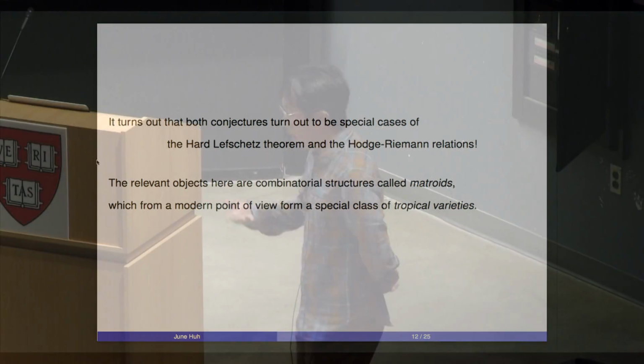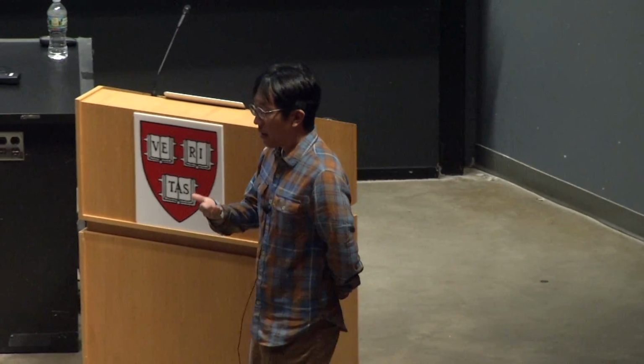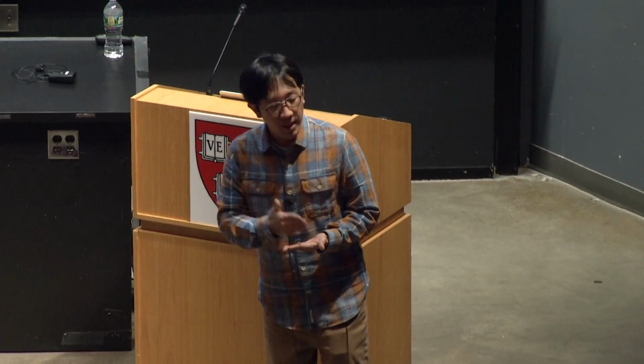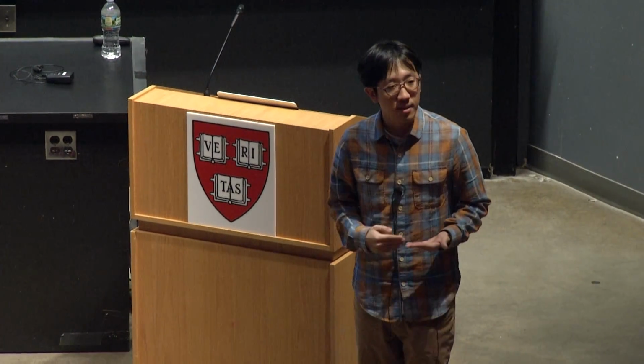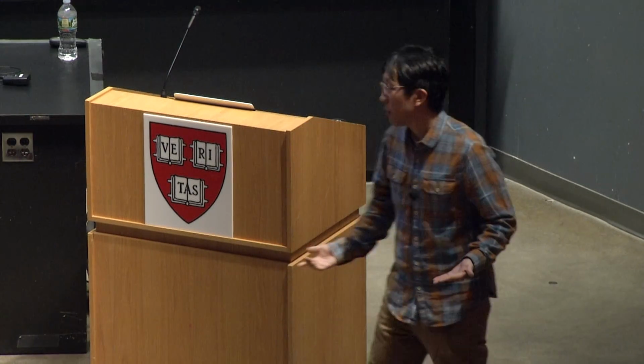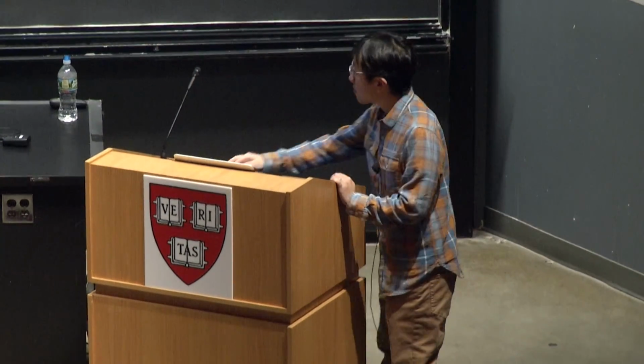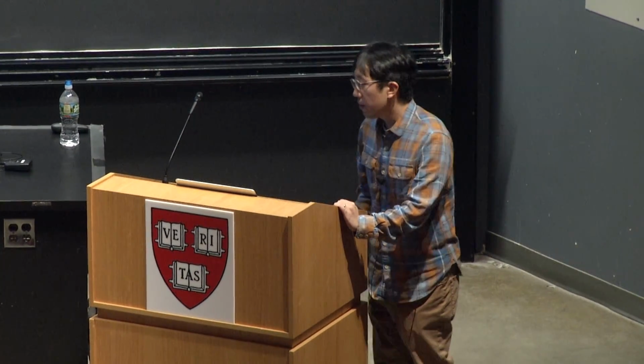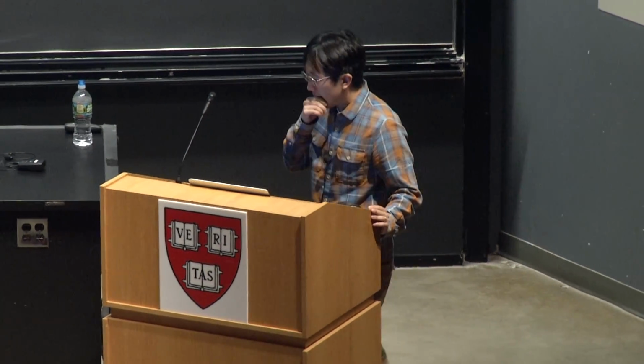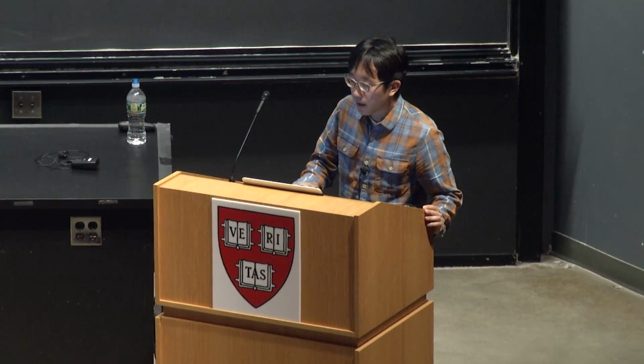There is a way of looking at these structures as tropical linear spaces. This is the most basic instance of what is now called tropical geometry. So let me show you what kind of structure we are dealing with.